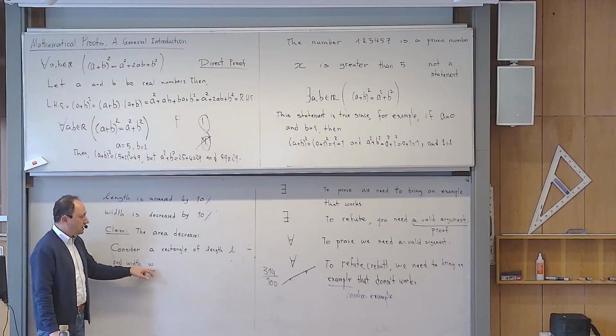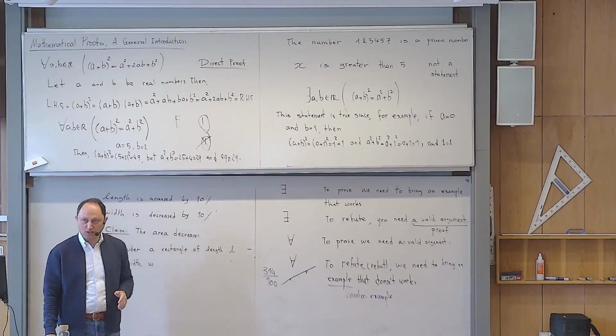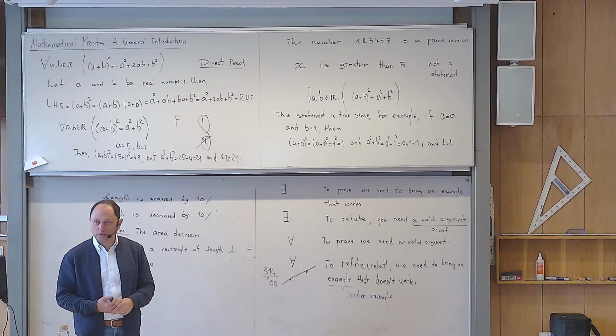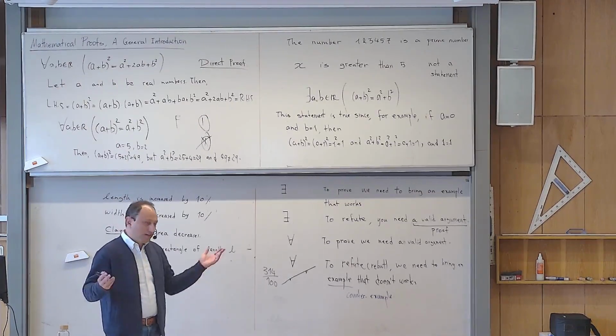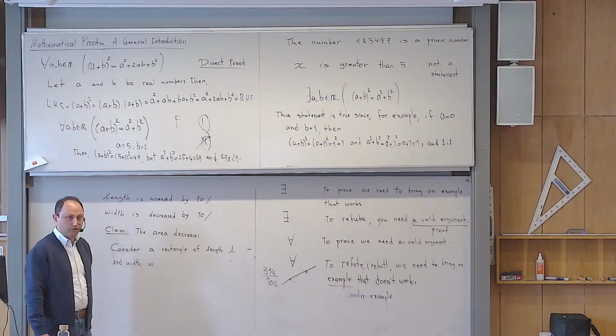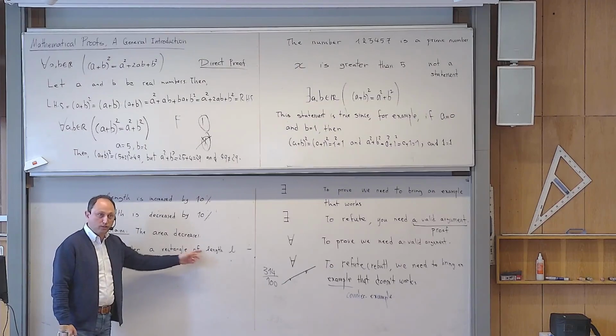If you just write L and W, or what you said, B and H or whatever, without saying what B is or what H is, this is not a correct way of writing. Even though in English we know L stands for length, W stands for width, I have to introduce them.